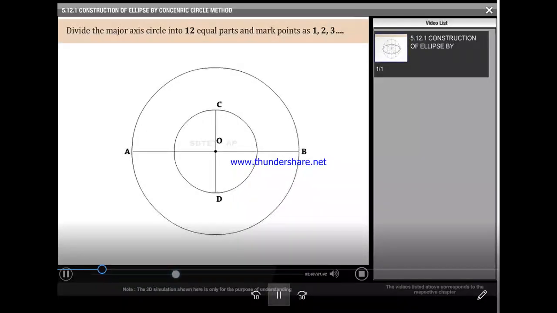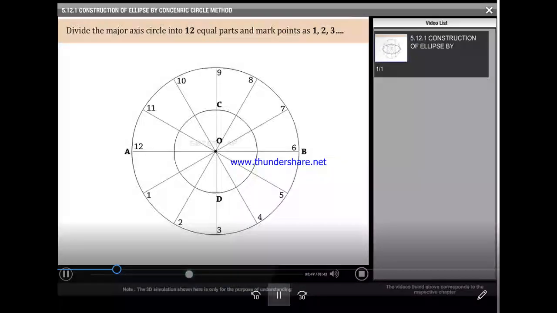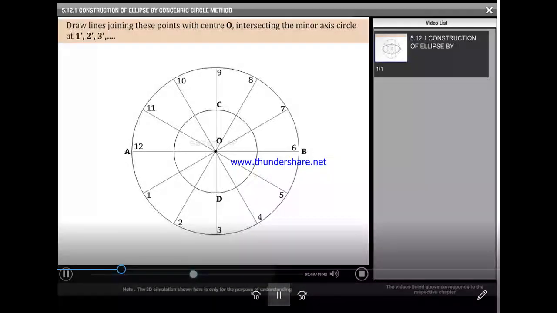Divide the major axis circle into 12 equal parts and mark the points as 1, 2, 3, etc. Draw lines joining these points with center O, intersecting the minor axis circle at 1, 2, 3, etc.